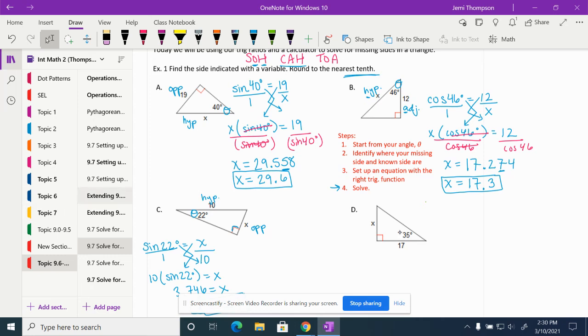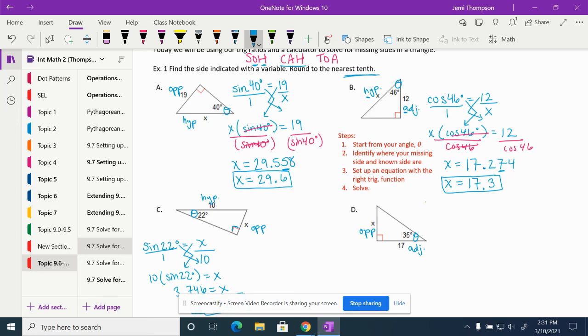Problem D. Going through my steps again. Start from your angle. Here's my given angle, 35 degrees. What do I know? I have side length 17. Where is 17 located? It's adjacent. It's the leg that's adjacent to the angle, right? It's not the hypotenuse. What do I want to know? I want to know x. X is opposite.